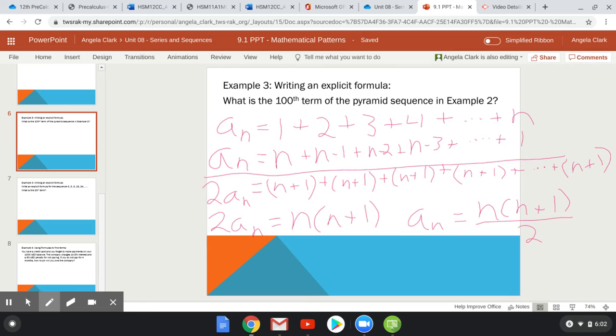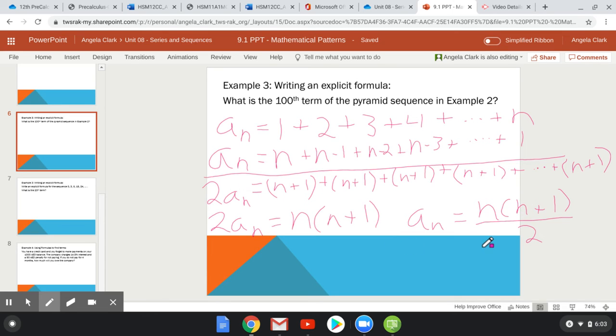So now I could find, say, term 100. With the recursive formula, to find a_100, I would have had to find a_99, a_98, a_97. But now that I have an explicit formula, which, as you can see in this situation, is sometimes harder to find, it's sometimes worth it because you need something like term 100.